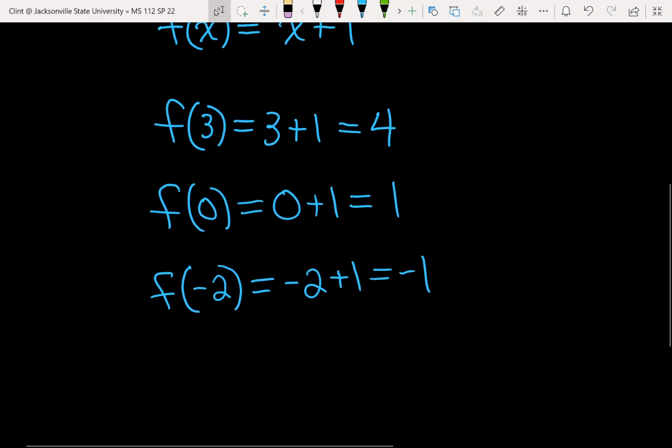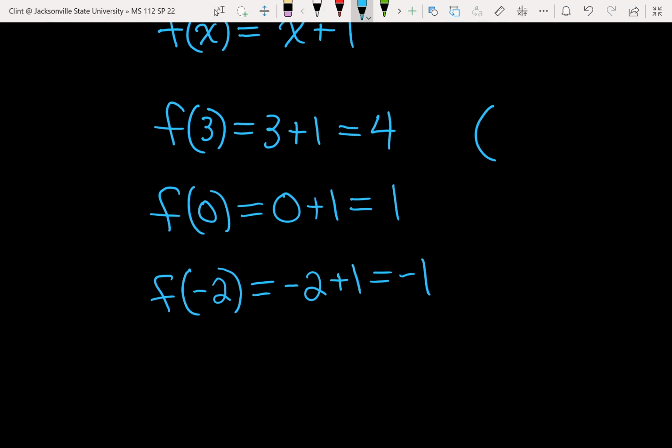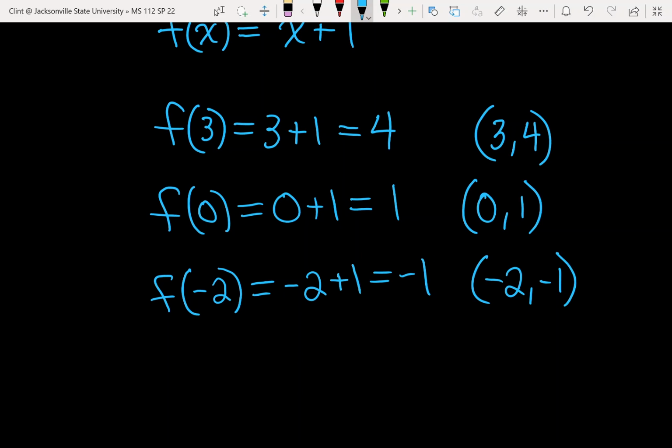So the point 3 comma 4 is on the graph of our function, and the point 0 comma 1, and the point -2 comma -1, those would be on the graph of our function.